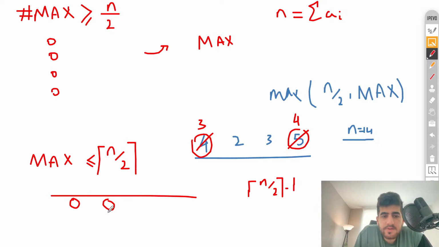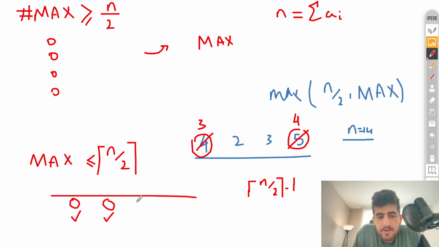But these numbers were at most the ceiling of n half, so now that they are decreased by 1, they are still less than or equal to the ceiling of n half minus 1, right? So these are okay. These still hold the conditions for our induction.